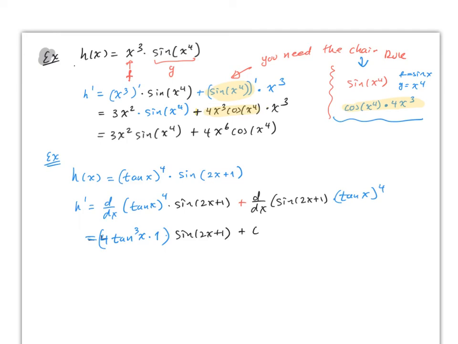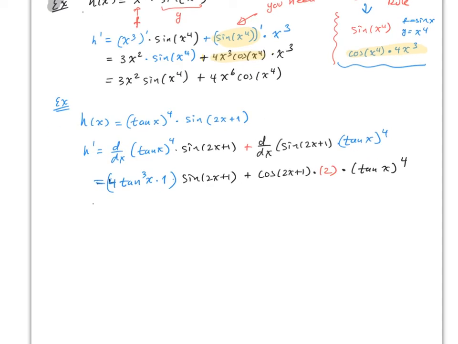The derivative of sine, remember, is cosine times the derivative of the inside. The derivative of this is 2, so times 2, and then times the first one, which is tangent x to the 4 power. Then just simplify. This gives you 4 tangent cubed of x times sine of 2x plus 1, then plus 2 tangent x to the 4 power times cosine of 2x plus 1.